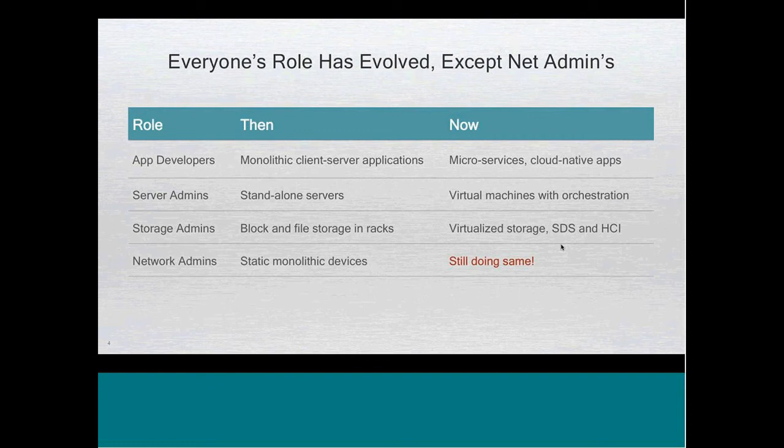If you look at their roles in the last 20 years, you can see that the app developers' world has changed. Their roles have evolved. They have gone from monolithic client-server application to a very microservices-based cloud-native app development of late. That's where they are all heading towards.